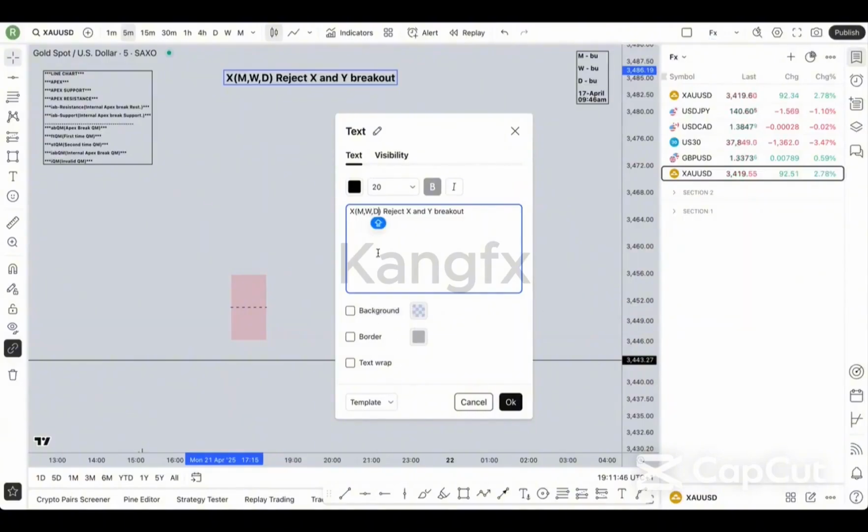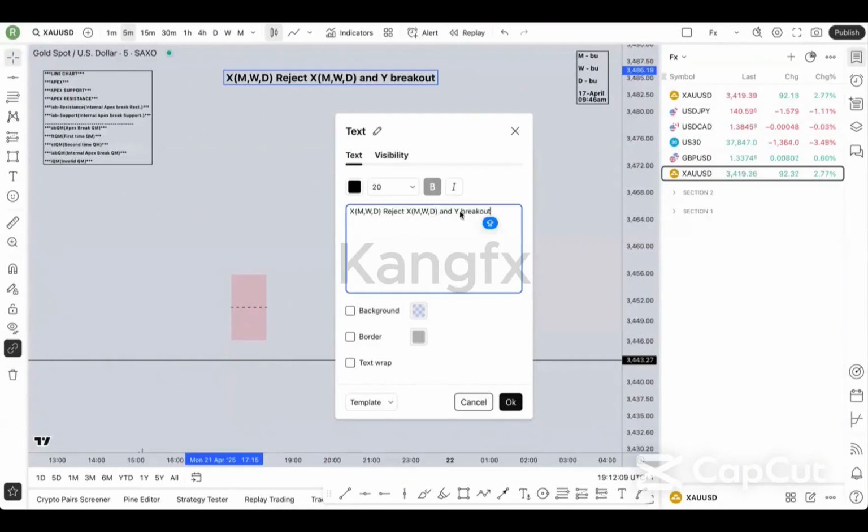That's for the X. The X there is just a variable representing this MWD. Then for X reject X, the same thing. The X there is the M, W and D, which stands for monthly, weekly, and daily.